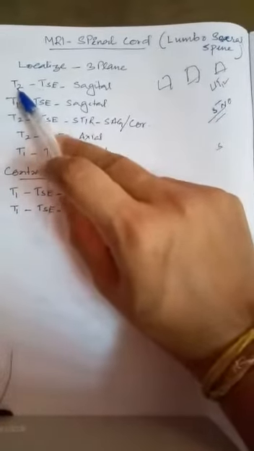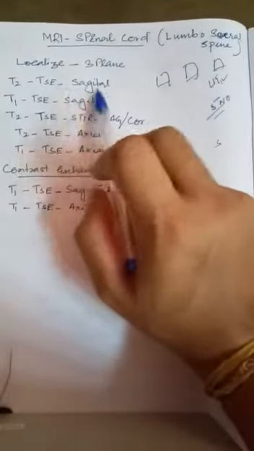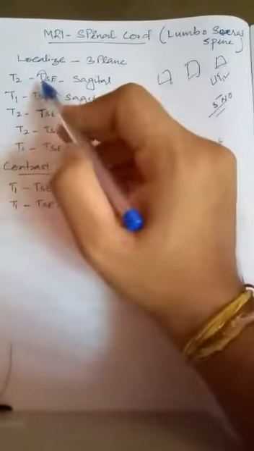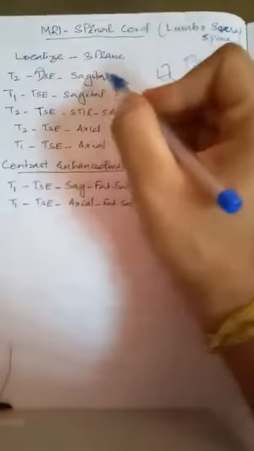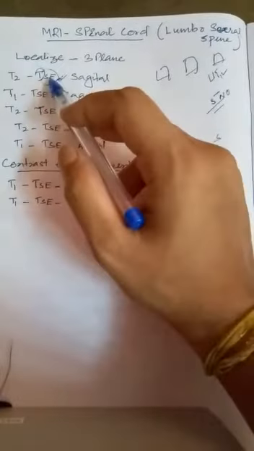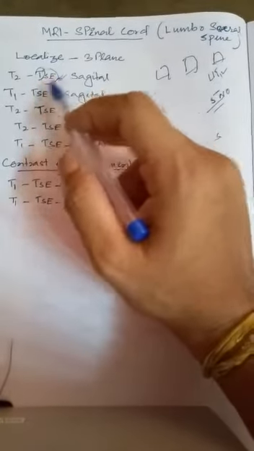For T2 we are taking the T2 TSE sagittal. TSE means turbo spin echo. Remember one thing, that turbo may not be written in every system, so remember that it should be the spin echo sequence. Whether it is written as spin echo, you can take it for the sagittal T2 sequence.